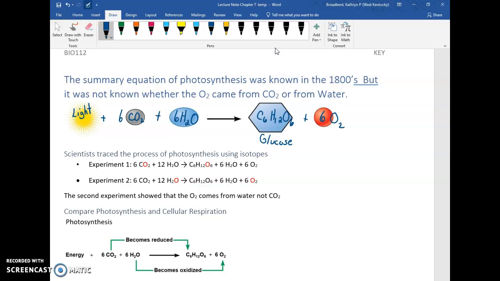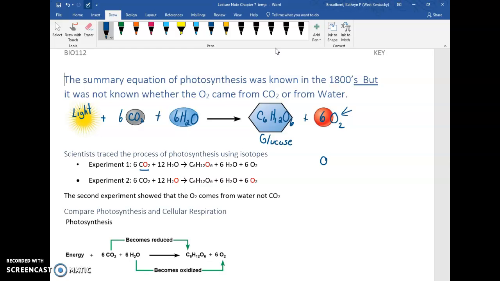But like I said, this equation was known for a long time, but they didn't know where this oxygen was coming from. So they did a couple of experiments. They found there's a radioactive form of oxygen. And so in the first experiment, they fed the plant radioactive carbon dioxide. That's why the oxygen here is in red.